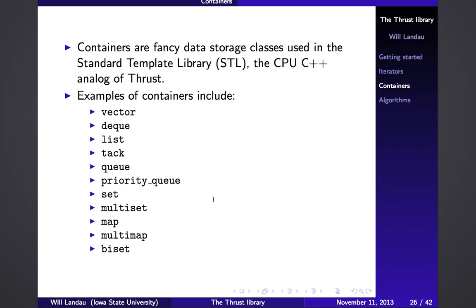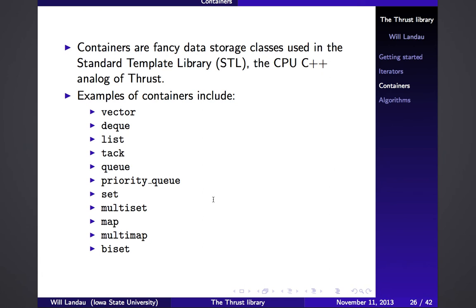Thrust does not have nearly as many. The only container that I use personally is vectors. I don't know if there are more, but the standard template library has many, many more. Still, thrust has the advantage of being GPU accelerated. And I'll flesh that out a little bit more when we get to the algorithms portion later.